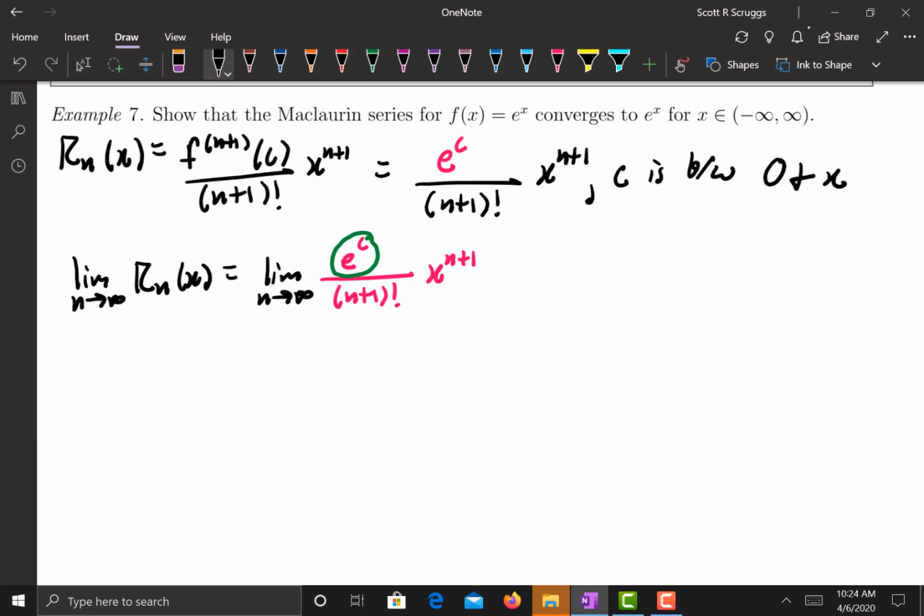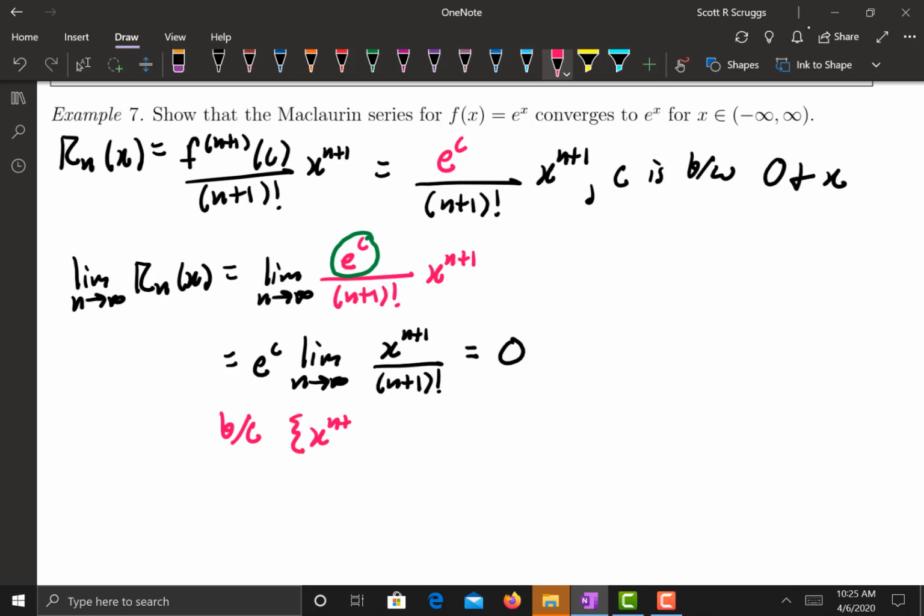So that means e to the c times the limit as n goes to infinity of x to the n plus 1 over n plus 1 factorial. And I claim that that limit goes to 0. Now let's quickly explain why. My numerator is x to the n plus 1.